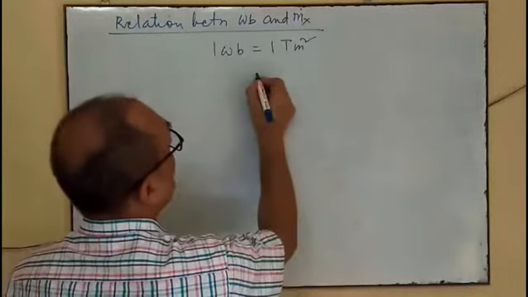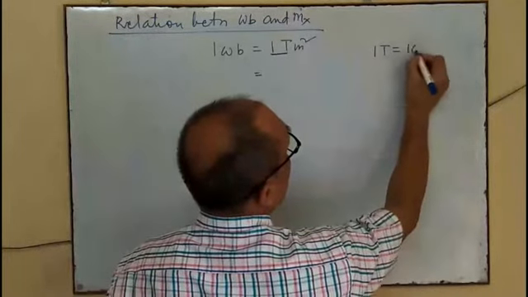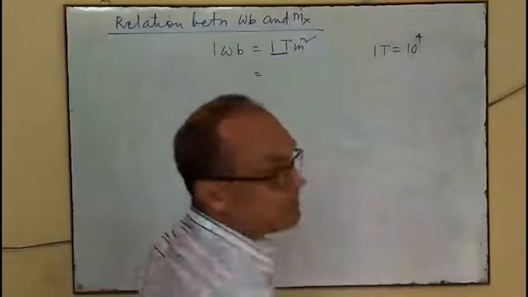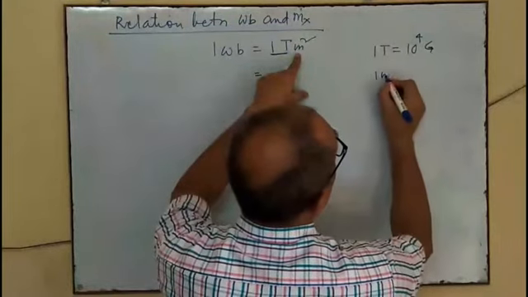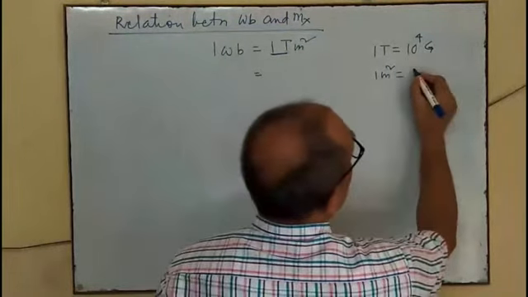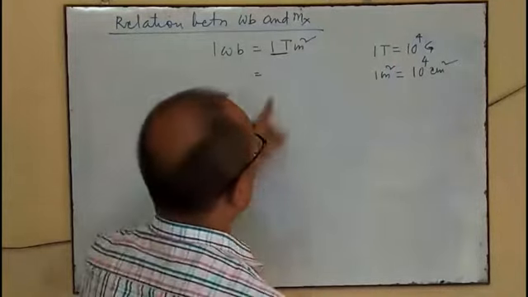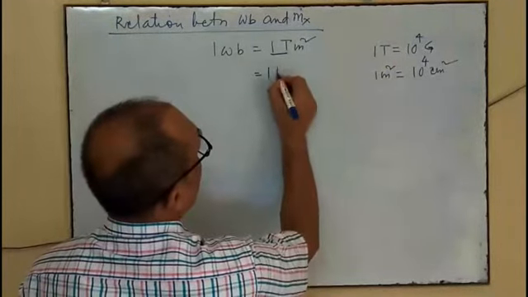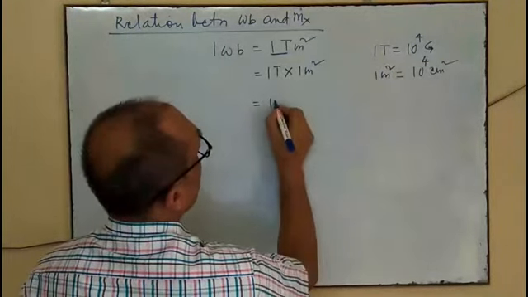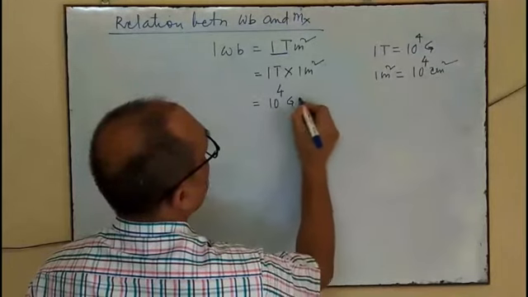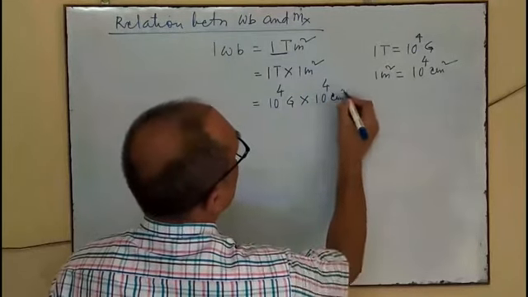That means 1 Tesla equals 10 to the power 4 Gauss, and 1 meter square equals 10 to the power 4 centimeter square. 1 Tesla meter square equals 1 Tesla into 1 meter square, which equals 10 to the power 4 Gauss into 10 to the power 4 centimeter square.